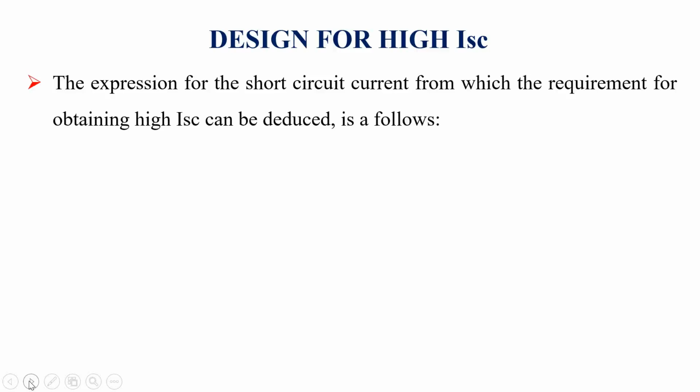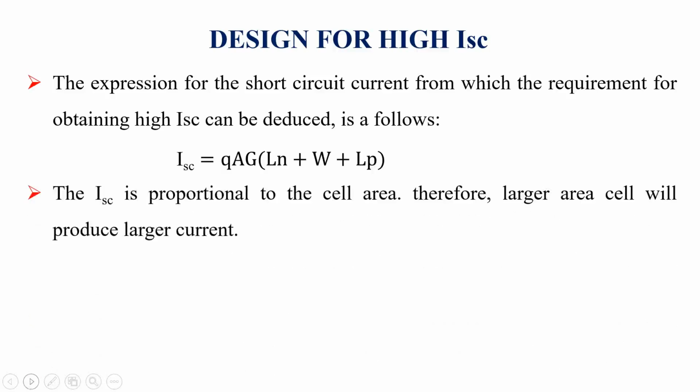ISC is equal to Q A G into bracket Ln plus W plus Lp. The ISC is proportional to the cell area. Therefore, a large area cell will produce large current.